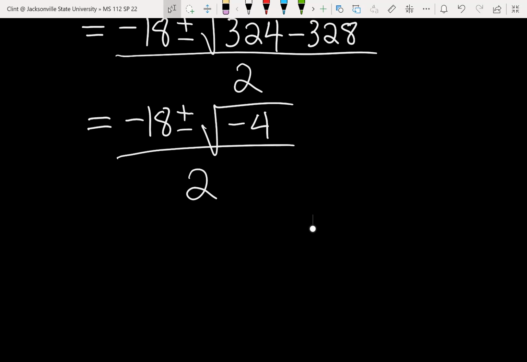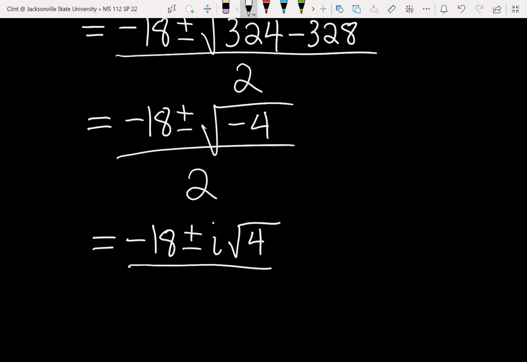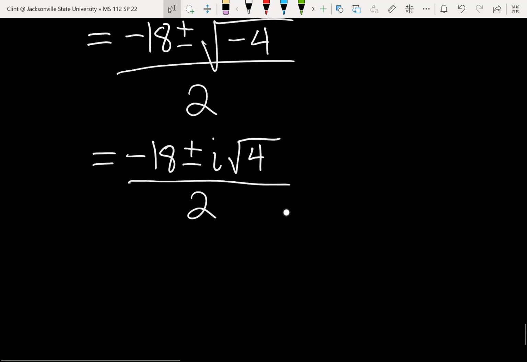So then how do we deal with having a negative under the radical? We can bring an i out. That gets rid of the negative. And then we know square root of 4, hopefully. If not, punch it in the calculator.